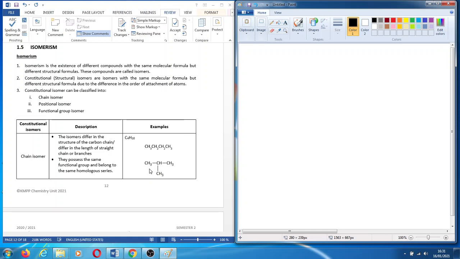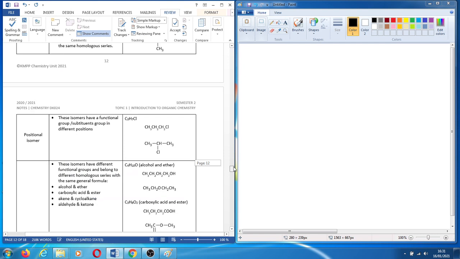What is different? The straight chain here consists of 4 carbons, but here the straight chain consists of 3 carbons, then it has a branch. Here we call it chain isomer when we compare structure 1 and structure 2.